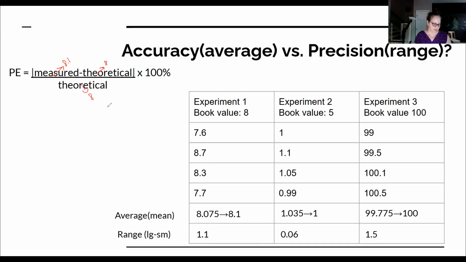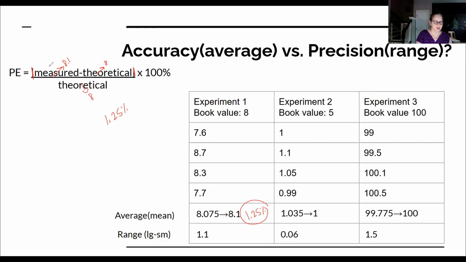So my answer is going to be, what are these things? Absolute values. So no matter what you get in the numerator, make it positive. So 0.1 divided by 8 times 100, 1.25%. Okay, so this guy is pretty accurate because it's pretty close to its book value.